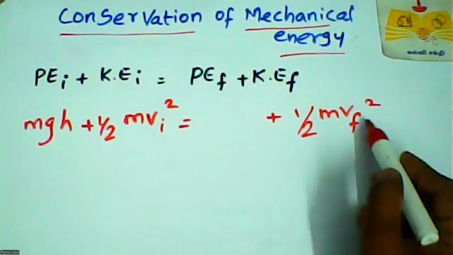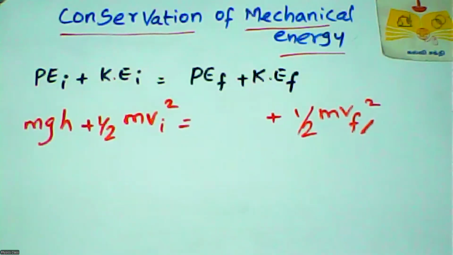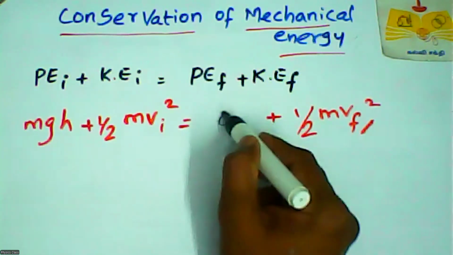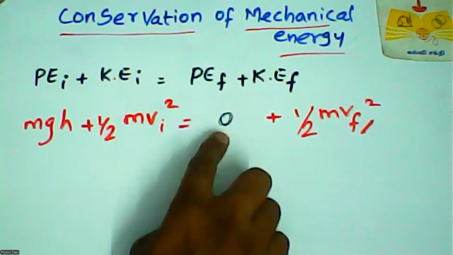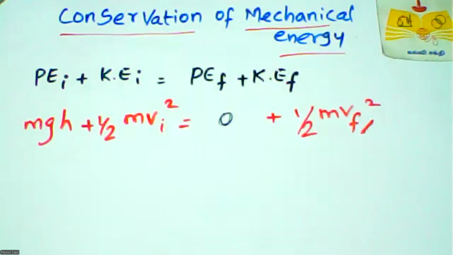We have to find this speed, the final speed, just before it hits the ground. But the potential energy is 0, because already you know that in the bottom position, the potential energy of the ball will be 0. So we can put 0 here.